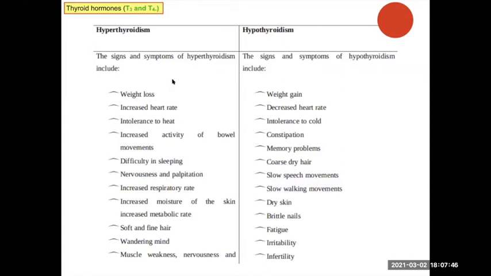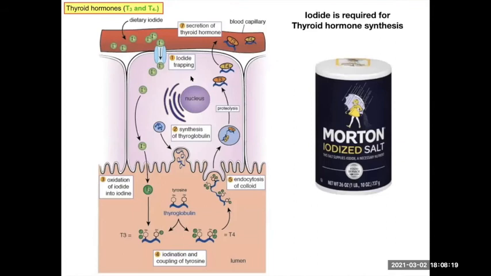Hyper, too much thyroid, you get weight loss, increased heart rate, intolerance to heat, which means you have a lot of body heat, as opposed to slower metabolism, decreased heart rate, intolerance to cold. A lot of these you'll see nervousness versus slowness, fatigue versus anxiety. So these will all be opposite things, and it gives you a sense of the importance of what these thyroid hormones might be doing.